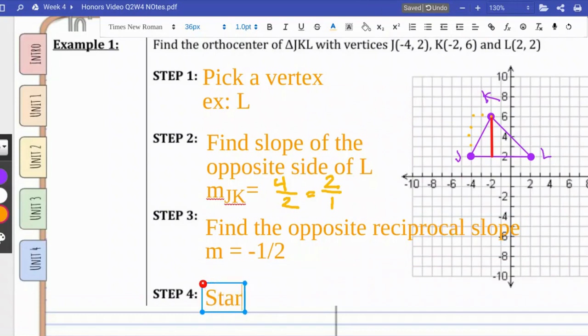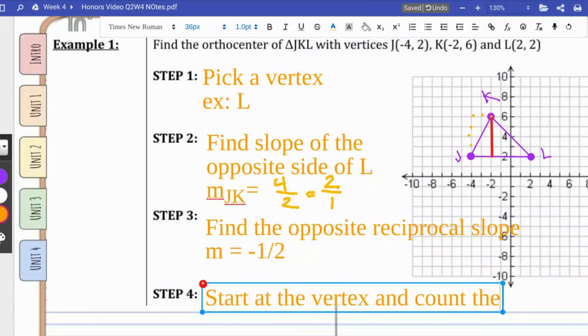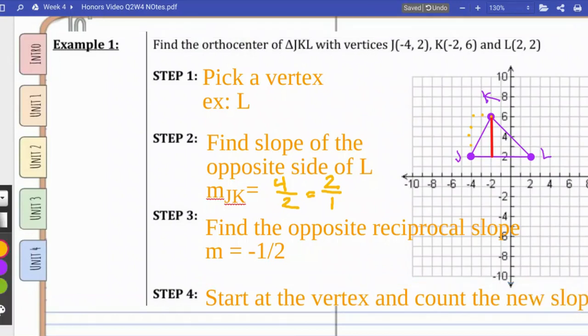Now we're going to start at the vertex we picked and count the new slope. So if I start at vertex L and I count the new slope, down 1 over 2, I end up at 4, 1. So instead of going down 1 to the right 2, I want to go up 1 to the left 2, up 1 to the left 2. When I do that, I extend my line out.